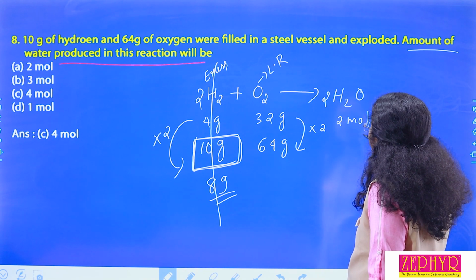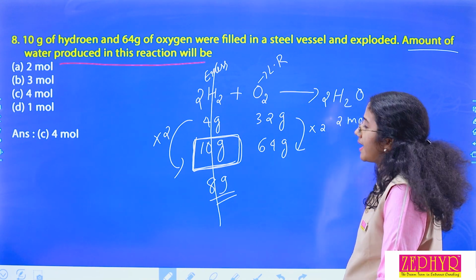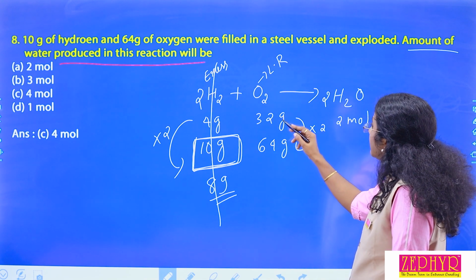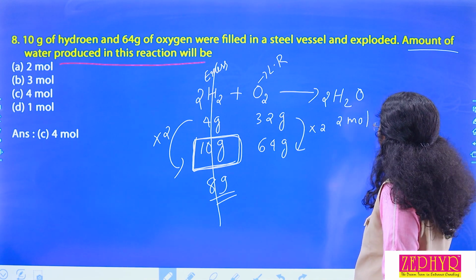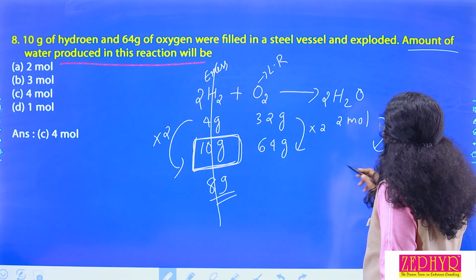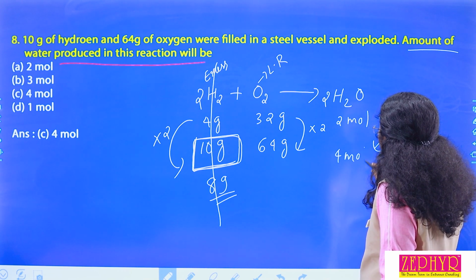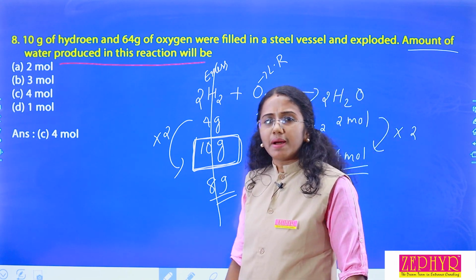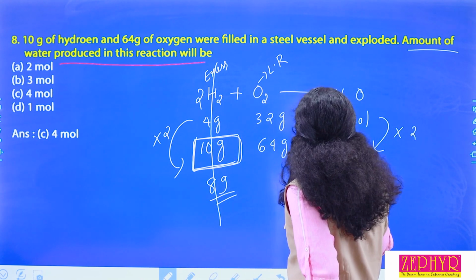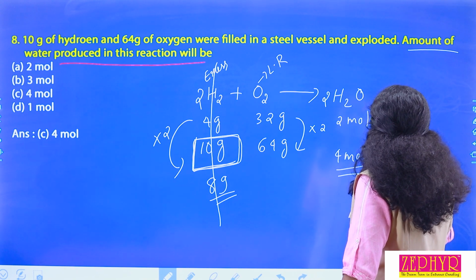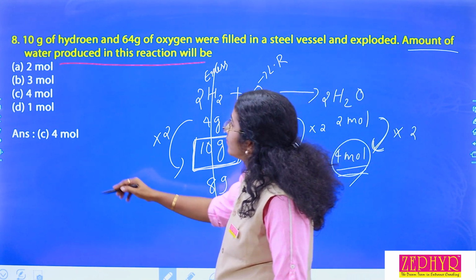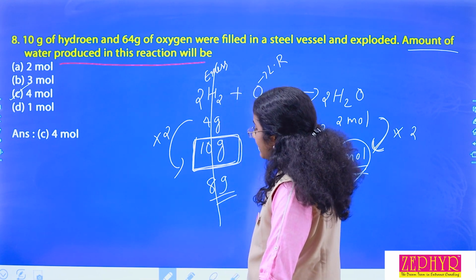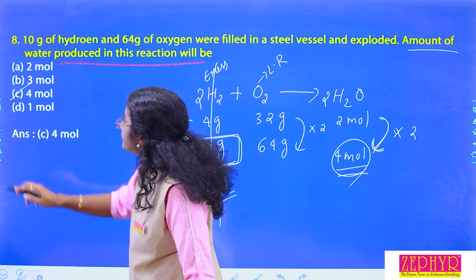What about 64 gram? 32 and 64, that is multiplied by 2. Here also we can multiply with 2. The answer is 4 mole. So 4 mole water. Okay.